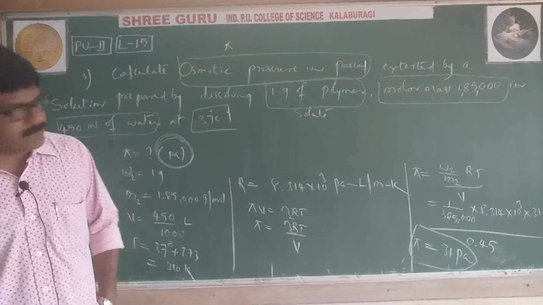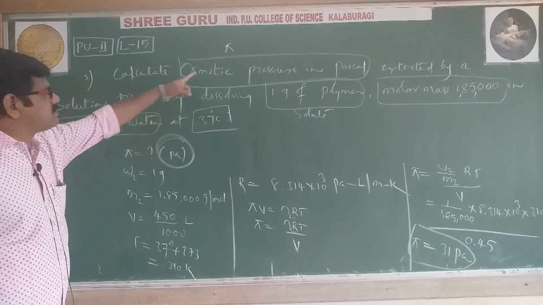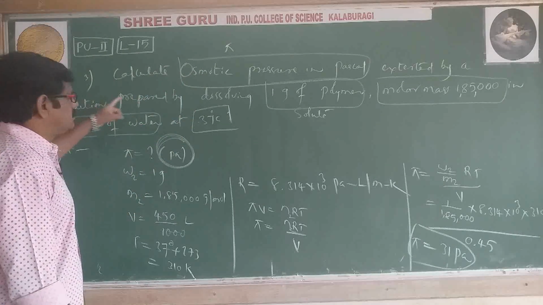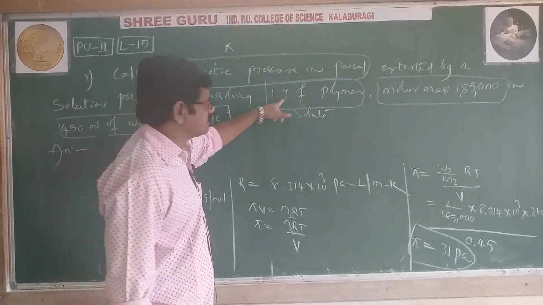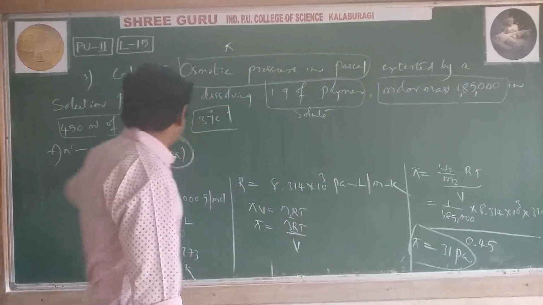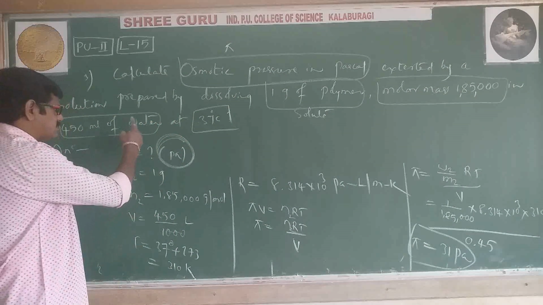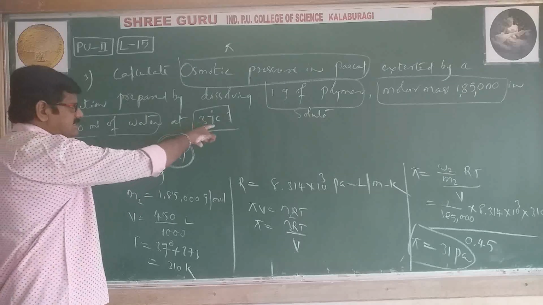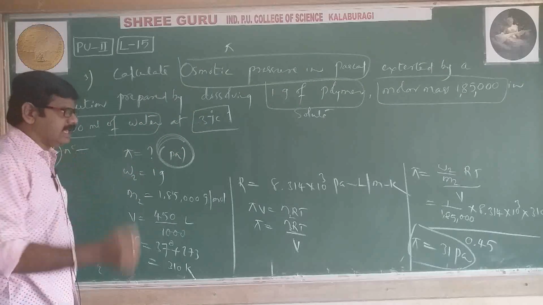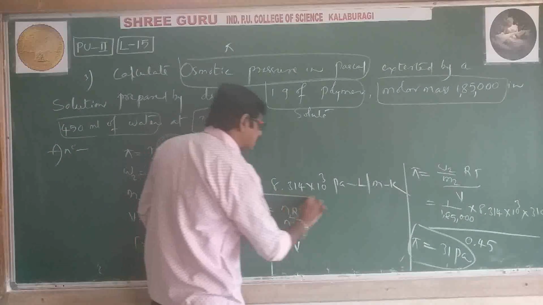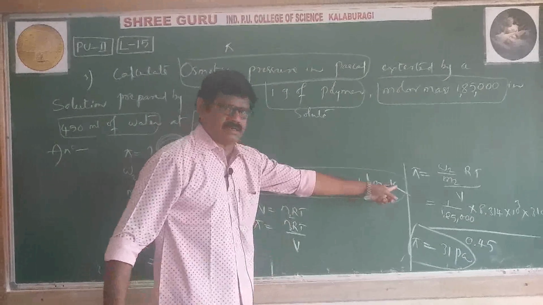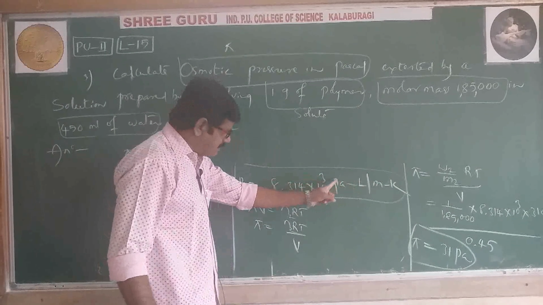This is the question. Okay, see here osmotic pressure is asked, and 1 gram solute mass given and its molar mass given, volume given in milliliters, and temperature given in degree centigrade, and this milliliter is converted into liter, degree centigrade converted into Kelvin. Why? Because R value is related to Kelvin, liter and Pascal.